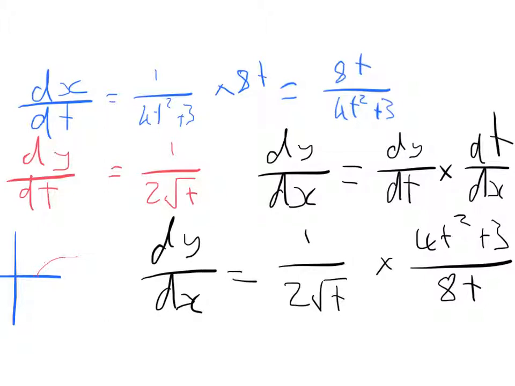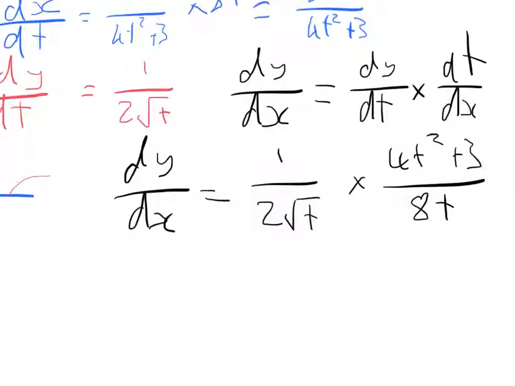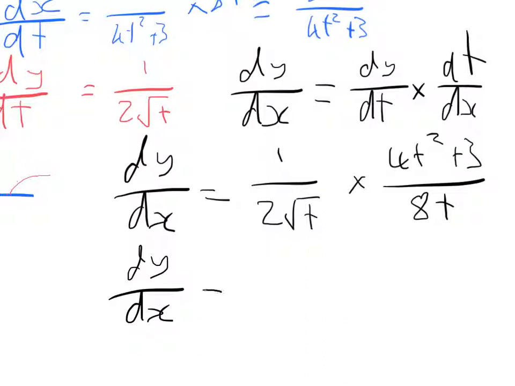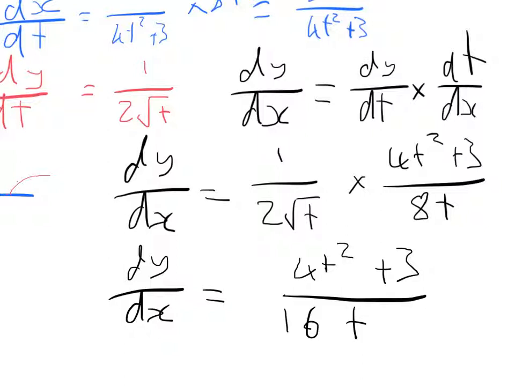So altogether, dy over dx equals 4t squared plus 3 over 16 t to the power of 3 over 2. And that's pretty much what we're going to get.